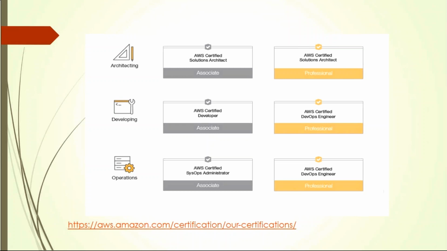When I start with associate, it may not be required that you are an AWS experienced person. But when you go to advanced, definitely you should have at least 1 year's experience to apply and give these exams, because they ask a lot of scenario based, real life scenario questions in those exams.